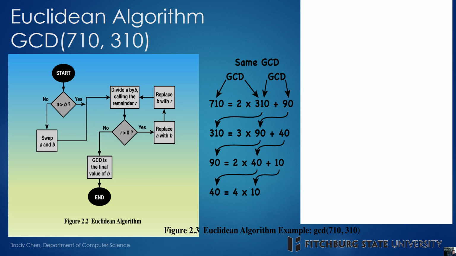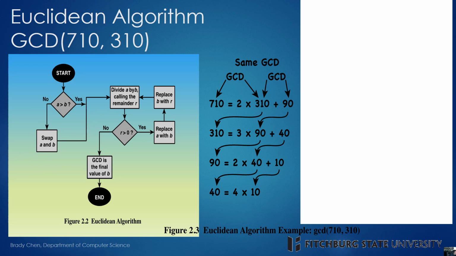Here we're going to look at the example of finding the greatest common divisor of 710 and 310. Now the Euclid algorithm is pretty simple.